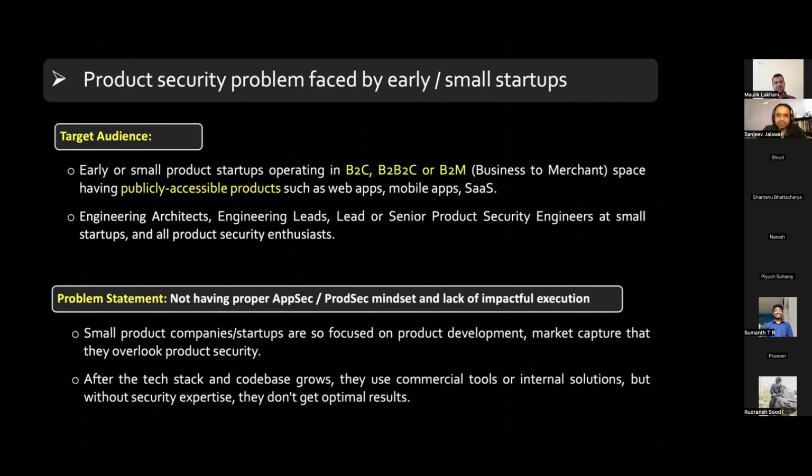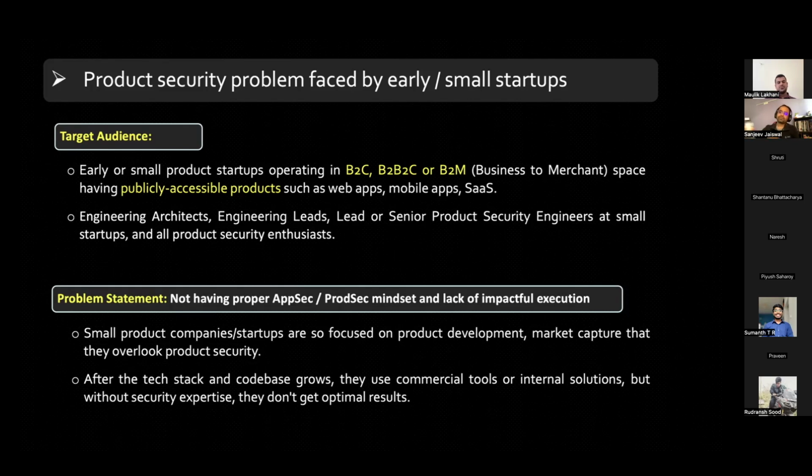For example, there is a company called Dave, which is a neobanking kind of application, a mobile app and a website. They are a business to merchant kind of company.